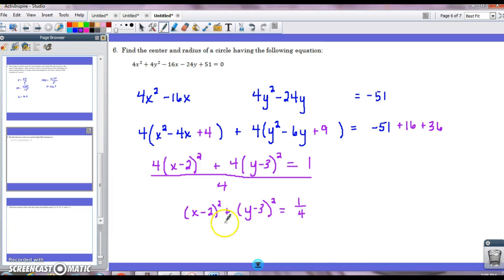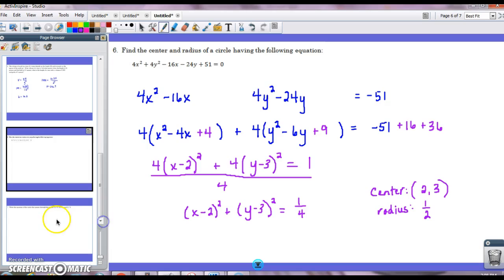So our center, remember, is at, you take the opposite signs of what's in here. So our center is at 2, 3. But my radius is not 1/4, it's the square root of 1/4. So my radius is 1/2. Because remember, in the formula, this is radius squared.